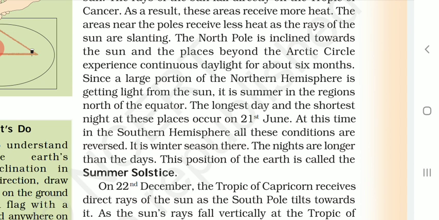The longest day and the shortest night at these places occur on 21st June. At this time, in the southern hemisphere, all these conditions are reversed. It is winter season. There, the nights are longer than the days. This position of the earth is called the summer solstice.